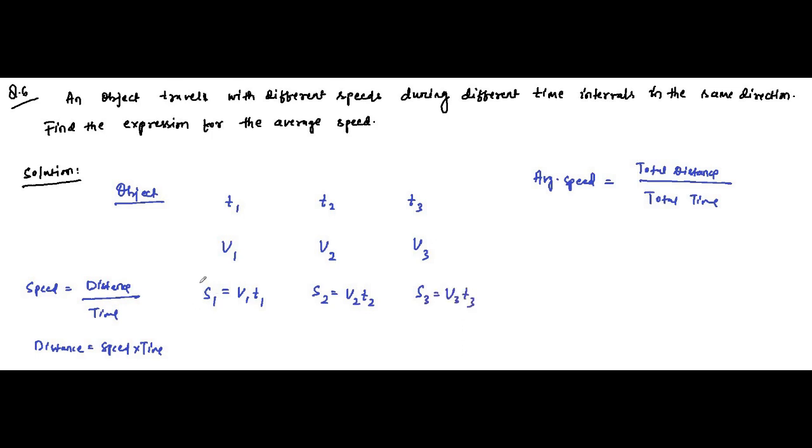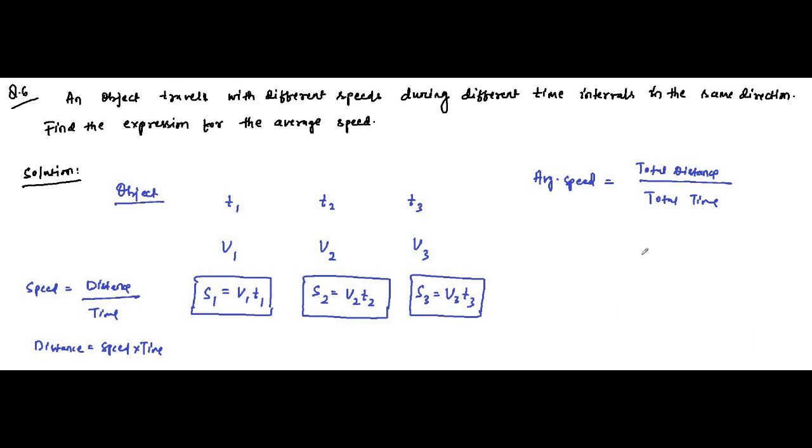Simple, the product of speed and time gives us distance covered during these time durations.